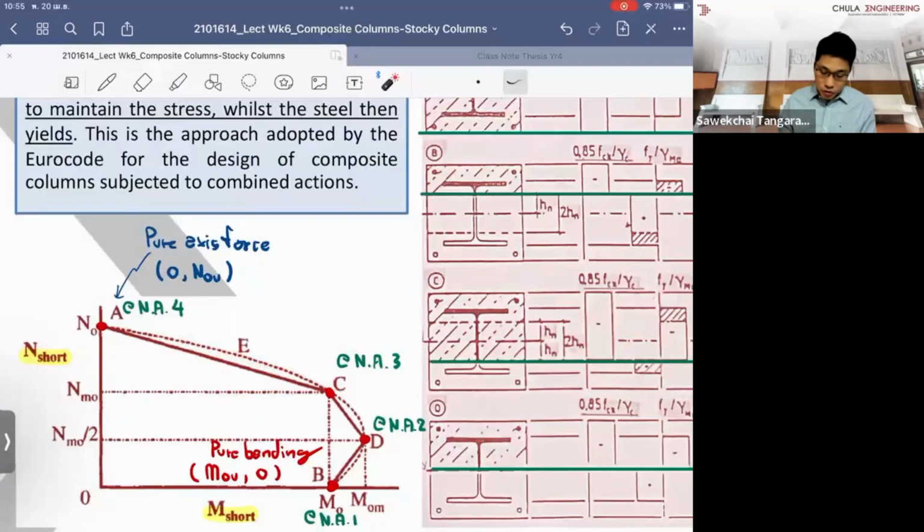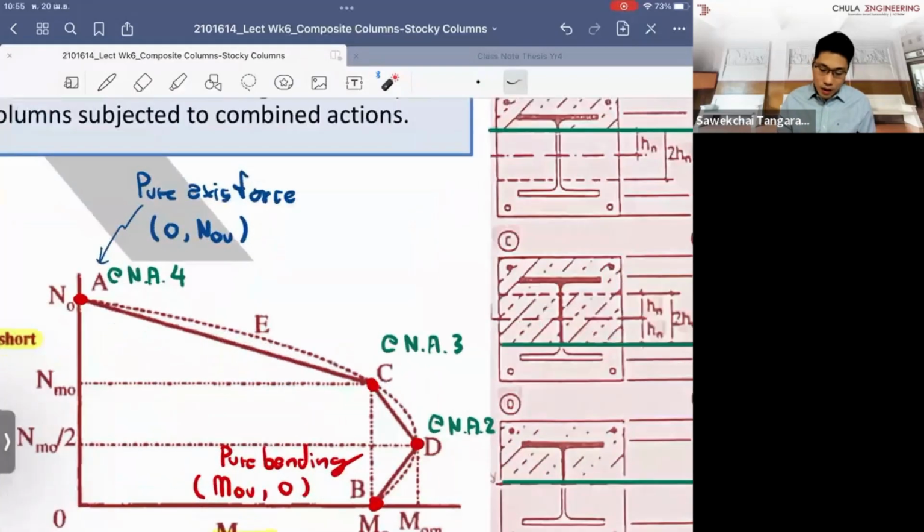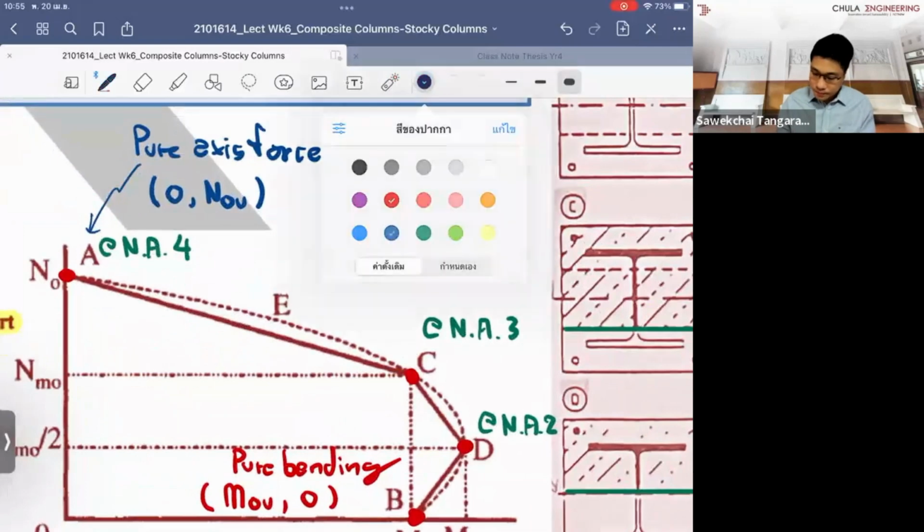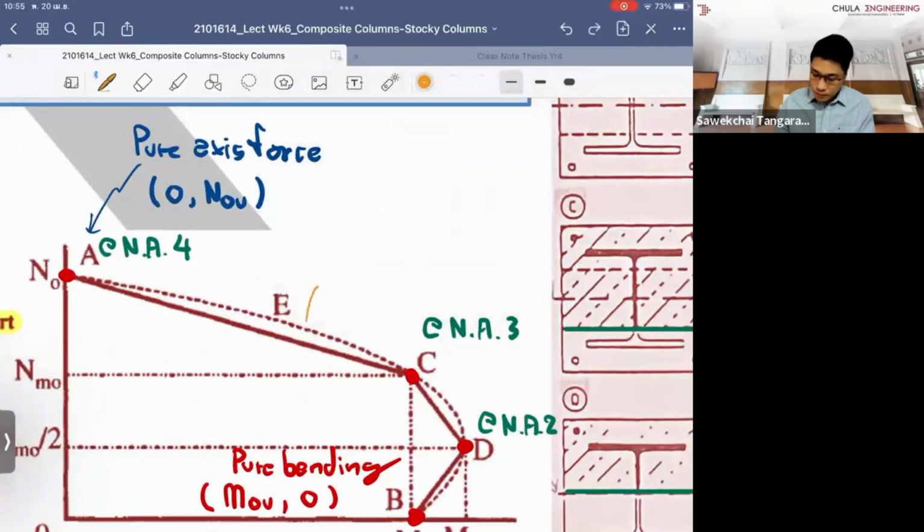So you have a choice: either you want to obtain the fully nonlinear curve, right? You have to do so many calculations, so what I suggest is to use Excel to help. Or you can just take a couple of points and draw linear lines connecting them. We call this one the nonlinear curve, because it is nonlinear on the diagram.